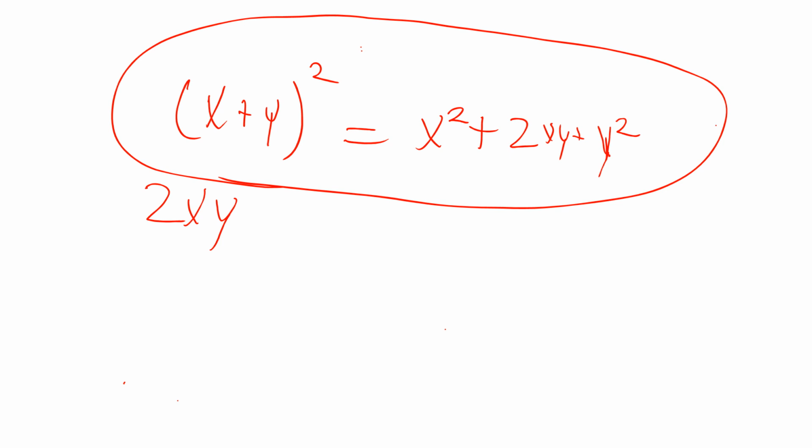The second term squared is the last term, and the product of the terms in the binomial multiplied by 2 is the middle term.